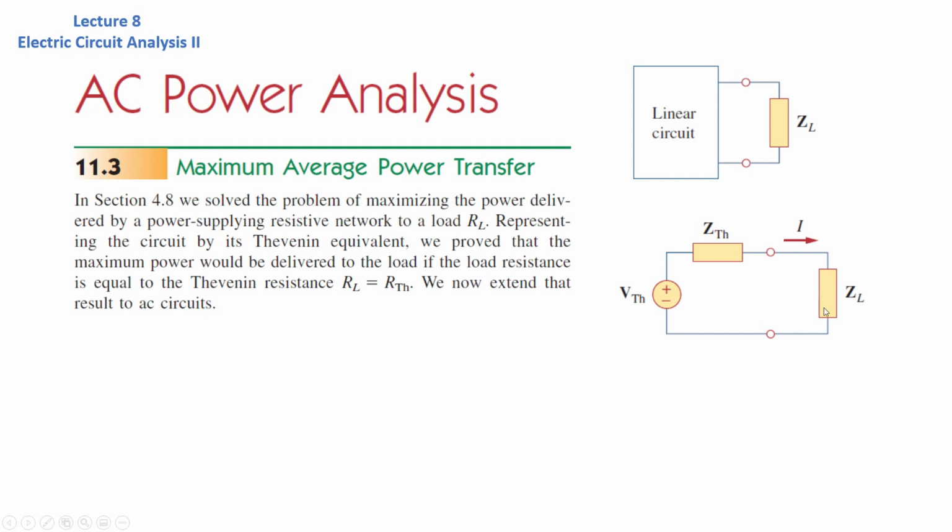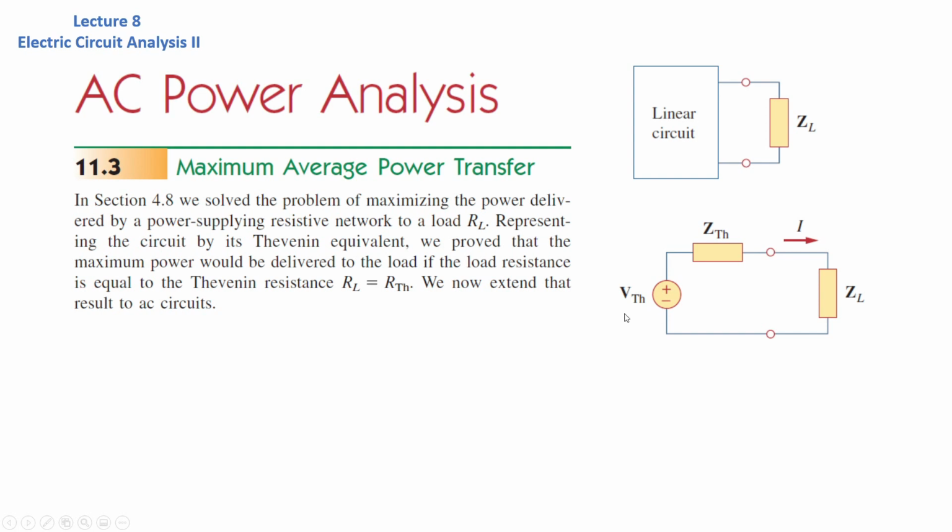So in order to find the average power delivered to this load by this circuit, we first need to find the current flowing through this circuit. And it is important for you to know that this V Thevenin is not exactly the voltage.